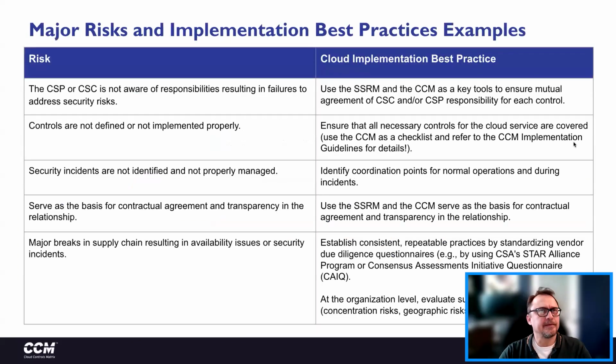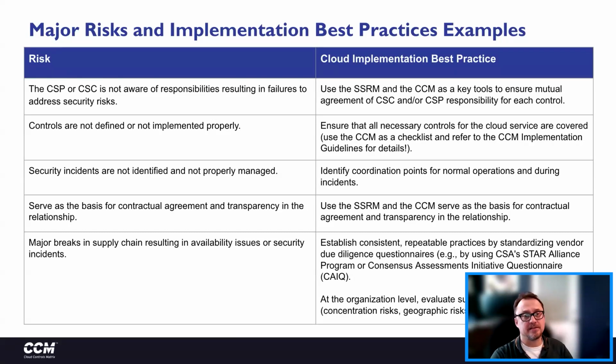Yeah, sounds good. All right. So just highlighting some of these. So the first risk, the CSP, the provider, or the CSC, the customer, is not aware of their responsibilities resulting in failures to address security risks. Well, the guidance here, use the shared security responsibility model and the CCM to basically ensure that you're both in agreement with who's responsible for each control.